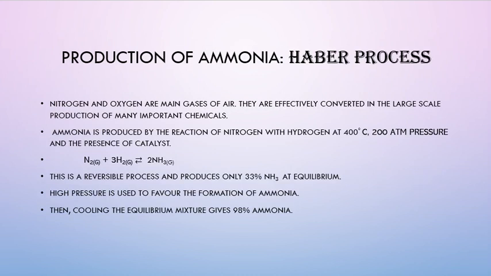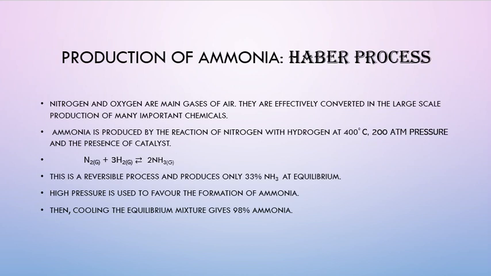So knowing about the effect of changes in conditions, that can be pressure, temperature, concentration, is important in industries, as I have told you, and the same knowledge is used in industries for the production of ammonia. The process through which ammonia is produced is known as the Haber process.